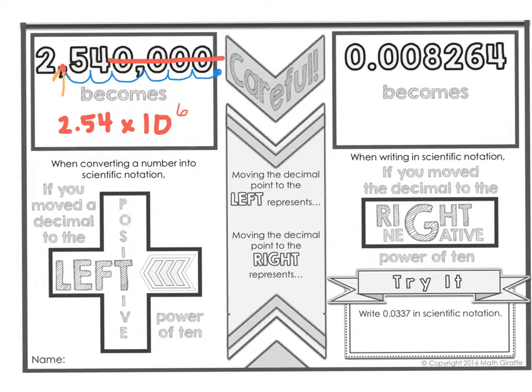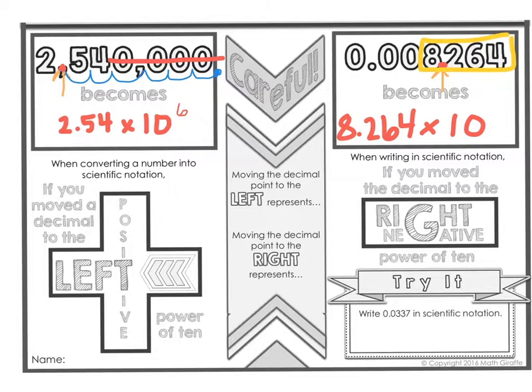Our next one, our really itty-bitty number, we're going to put that into scientific notation. So we're going to put our decimal after the first non-zero digit. That's the 8. So our decimal point will go right there. We're going to move it right to here. And now we look at this right here. This is 8.264, and then our power of 10, times 10.